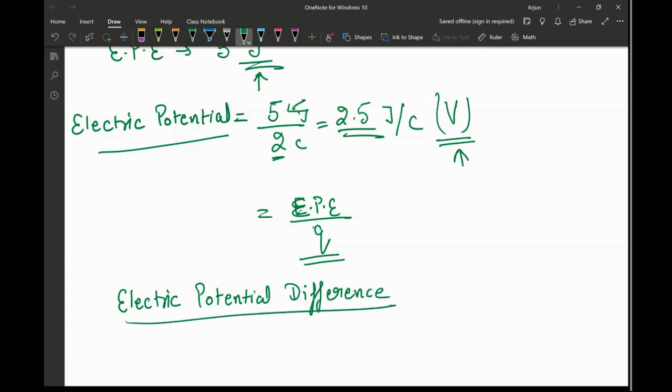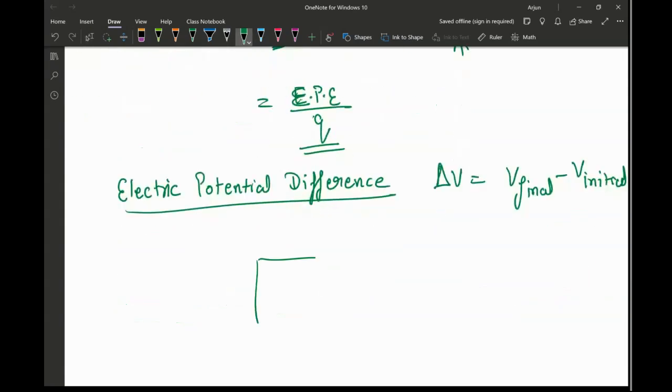So electric potential difference is, as the name suggests, delta V, V final minus V initial. I'll try to explain it with the help of a diagram. If you see an electric socket, there are 2 holes in an electric socket. Here the electric potential in one of the holes is always bigger compared to the other one.